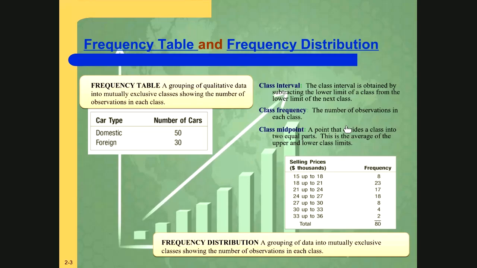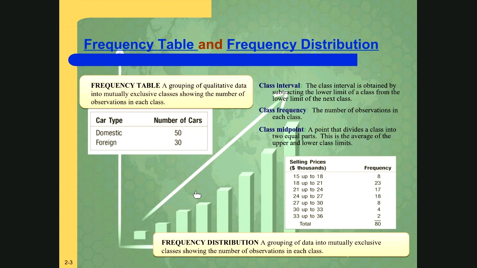Okay, so you've covered that, so this should be basically just a review. So if we see the PowerPoint, and again, everybody has access to the PowerPoints. A frequency table is a grouping of qualitative data into mutually exclusive classes showing the number of observations in each class.